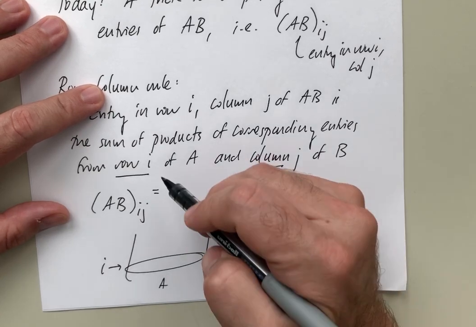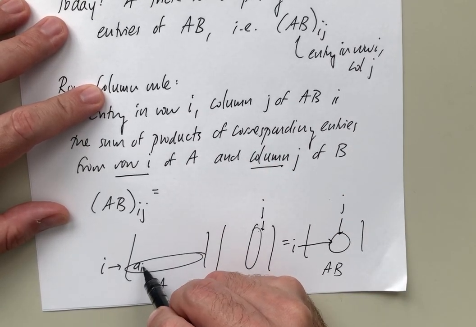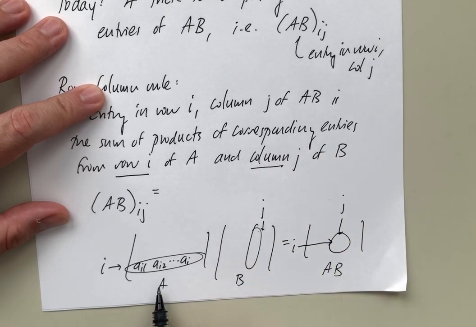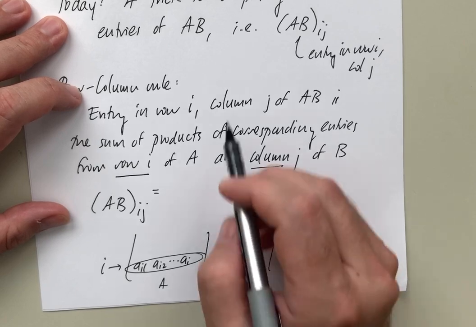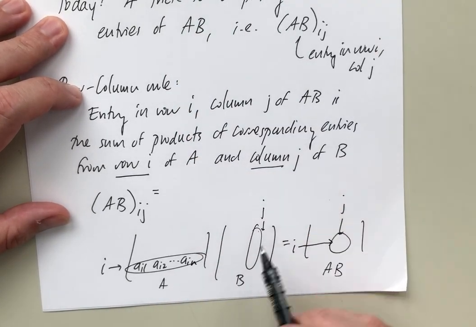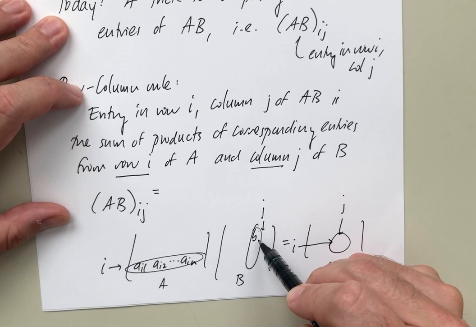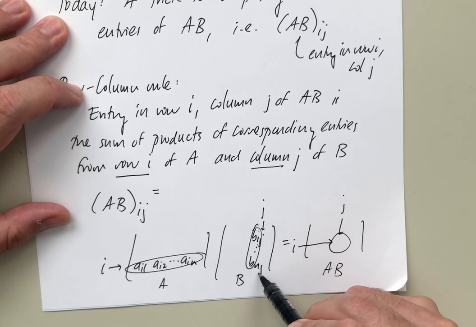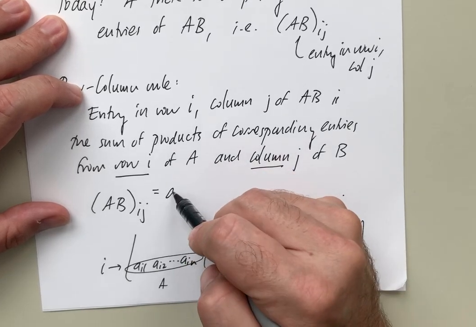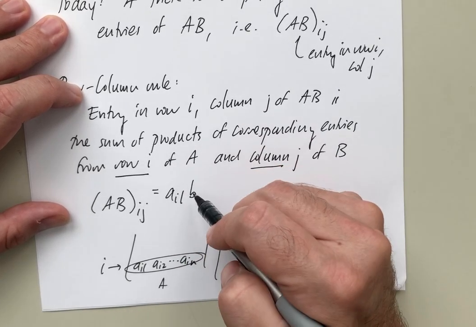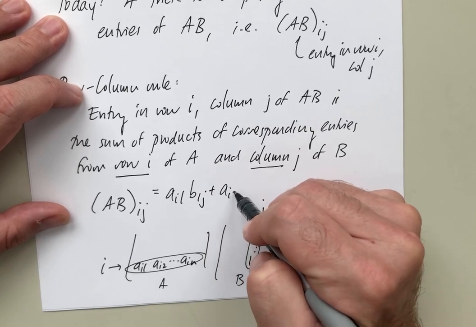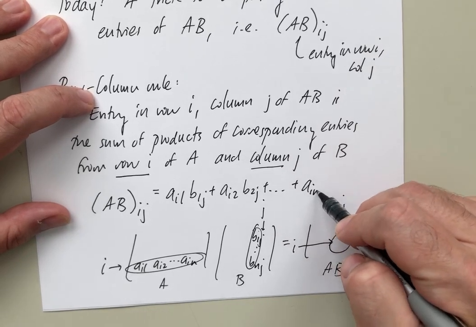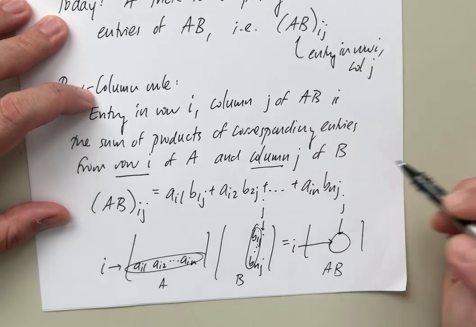In symbols, you take a_i1, a_i2, up through a_i, how many columns do we have in A? I didn't write this, but we assumed it's n. And then I multiply it by b_1j down through b, how many rows were there? There were also n. So what I get is a_i1 times b_1j plus a_i2 times b_2j plus, keep going until I get a_in times b_nj.